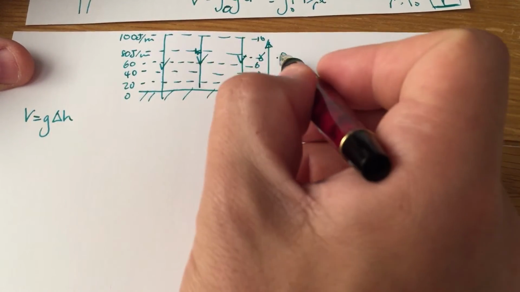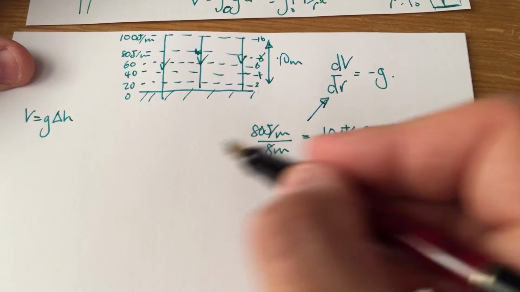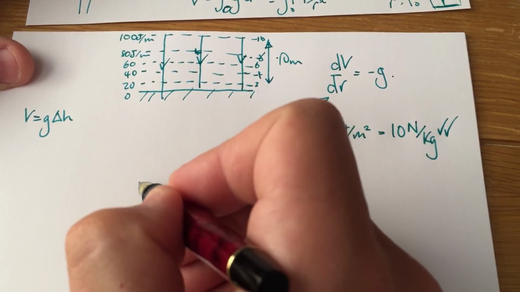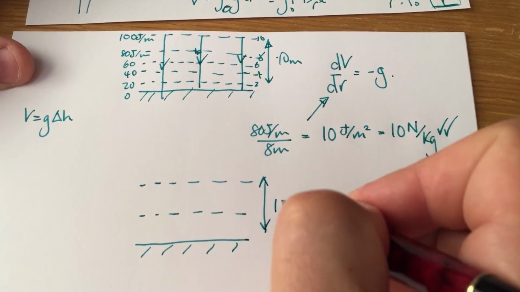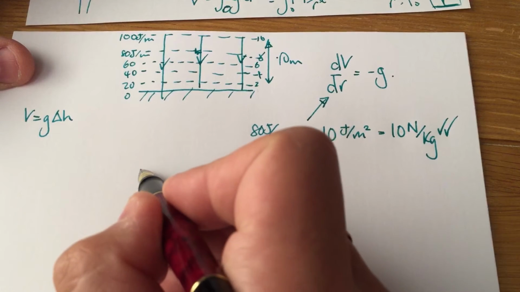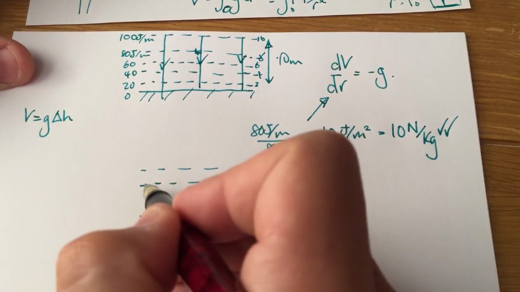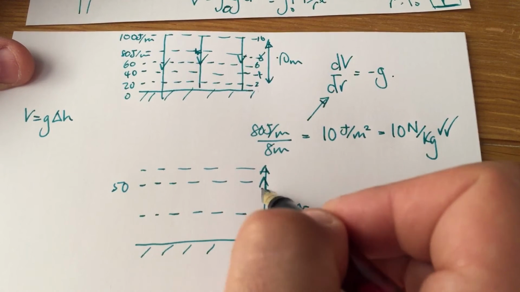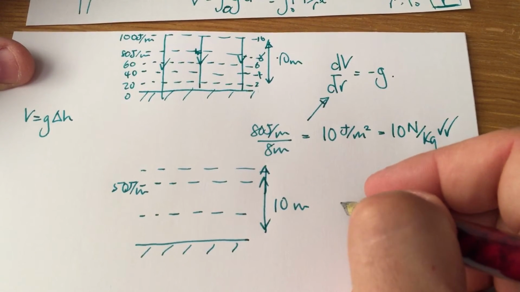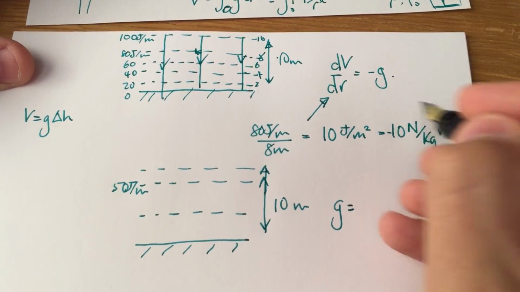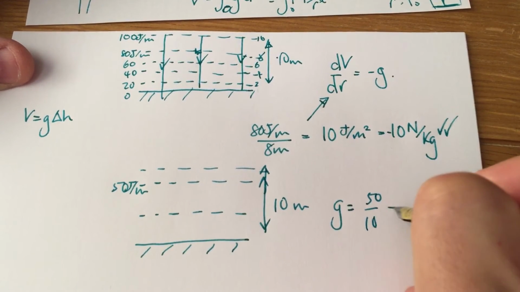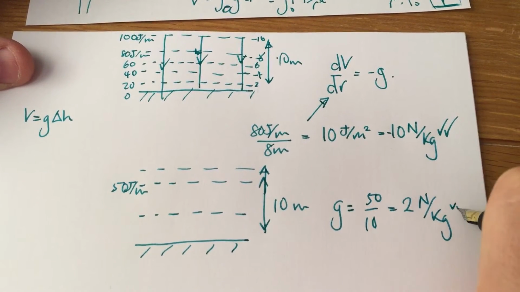If we were to move further out, and of course these would then be separating out, g would be less. Let's say we go to another planet, Mars, then we might find in 10 metres we only cross 2.5 of these, because in 10 metres we'd only get to 50. So what is g here? It's going to be, minus there of course, the rate of change, that's 50 over 10 metres, giving us 2 newtons per kilogram.